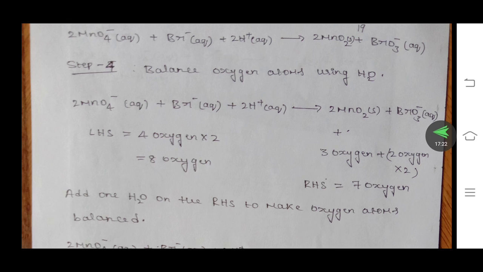Now we have to find out how many oxygen atoms are present on the left side. So 2 into 4 oxygen, that is a total of 8 oxygen on the left hand side.